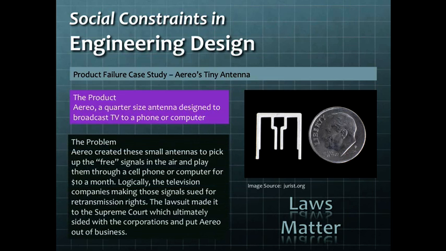While a great idea to expand the reach of broadcast television and obliterate the need for cable TV, this product succumbed to the constraints and limitations of the law. TV stations sued for the rights to retransmit their broadcast signals, and when the law took the side of the TV stations, the REO went the way of our other case studies today, to eventual product failure.